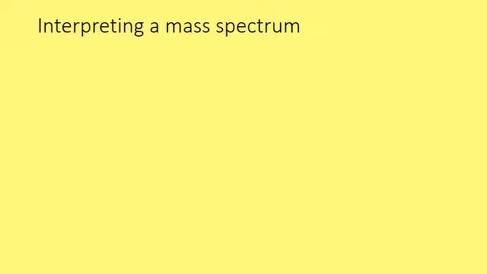So hopefully from the previous little animation you saw the spectrum that was produced at the end, and it looked something like this. It had a y-axis which is equivalent to percent abundance.